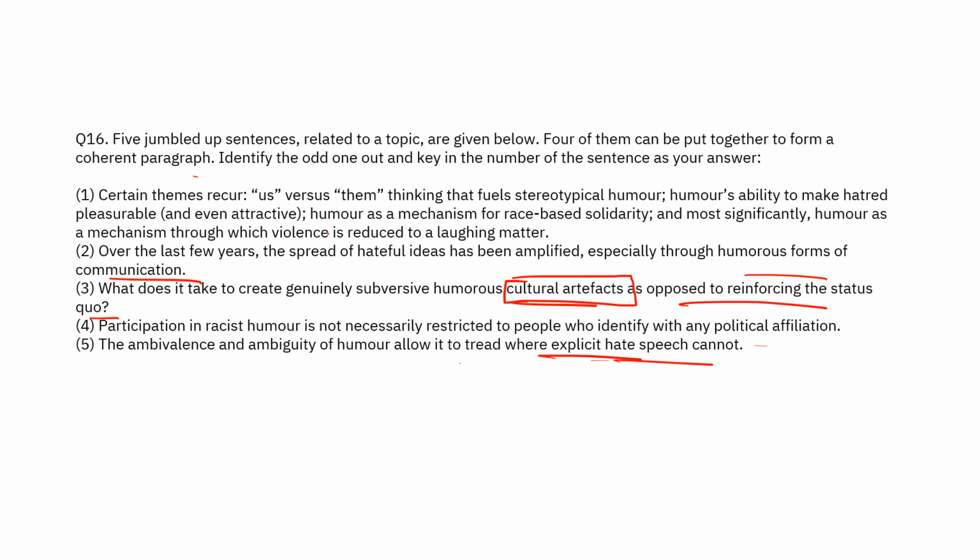Certain themes recur, us versus them, thinking that fuels stereotypical humor, humor's ability to make hatred pleasurable, humor as a mechanism for race-based solidarity, and most fittingly, humor as a mechanism through which violence is reduced to a laughing matter. Okay, so this sentence, last few years spread through humorous forms. So 2 and 1 seem to be connected. 4 and 5 seem to be connected.